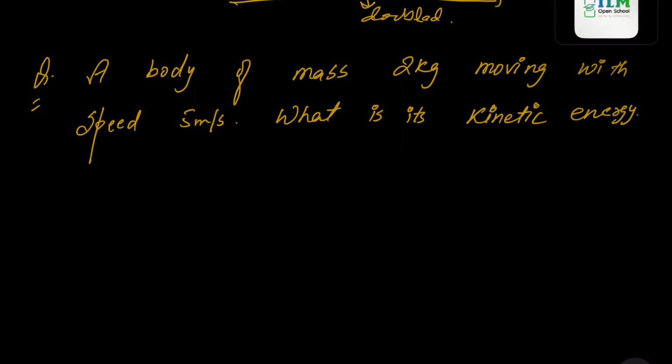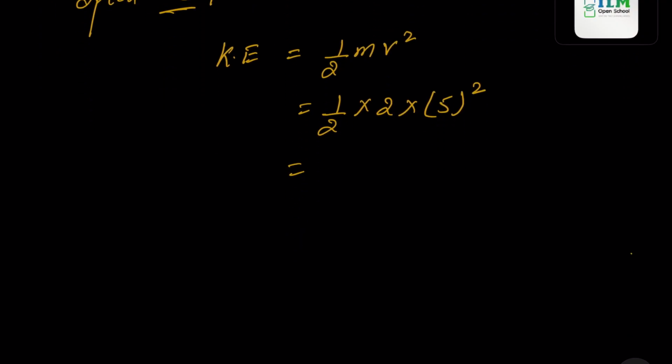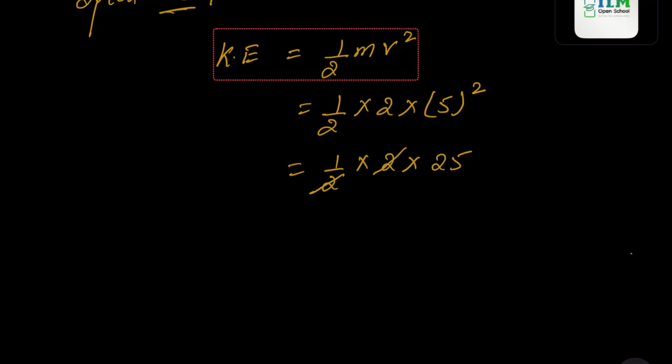To solve this, we should simply apply the formula. The kinetic energy formula is half mv square. What is the mass of that body? 2 kg. What is the velocity? 5 meter per second, so 5 squared. Half into 2 into 5 square is 25. 2 cancels out with 2, 25.